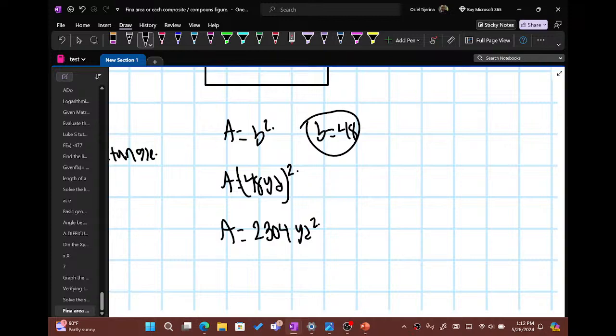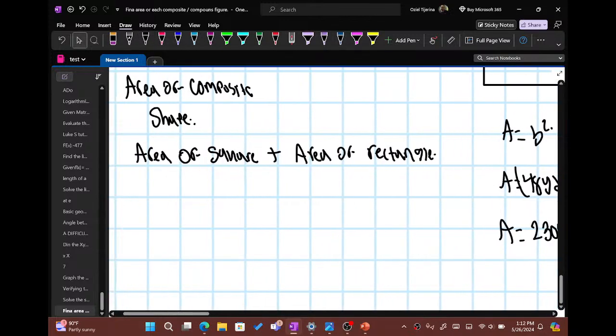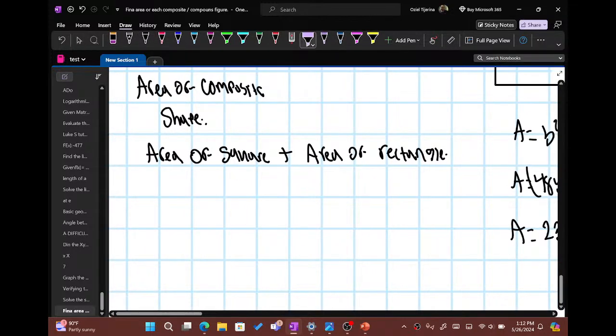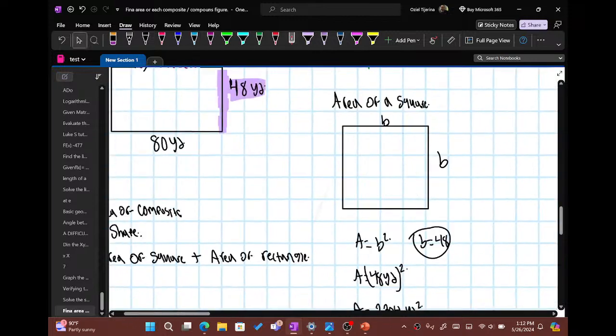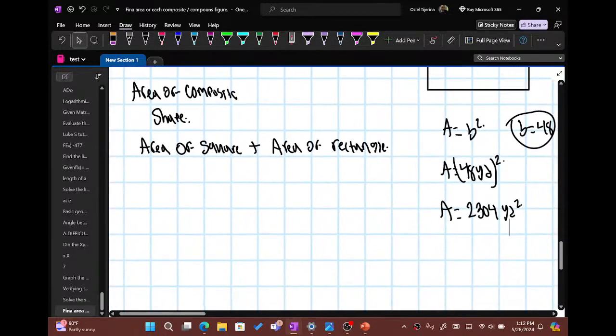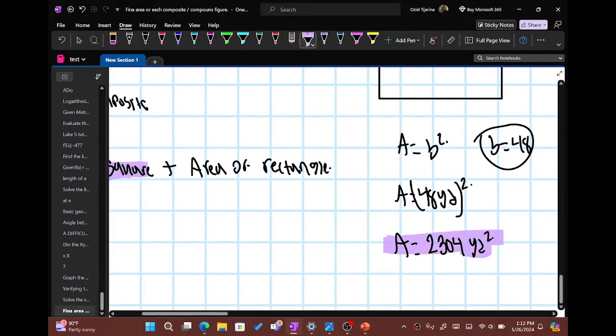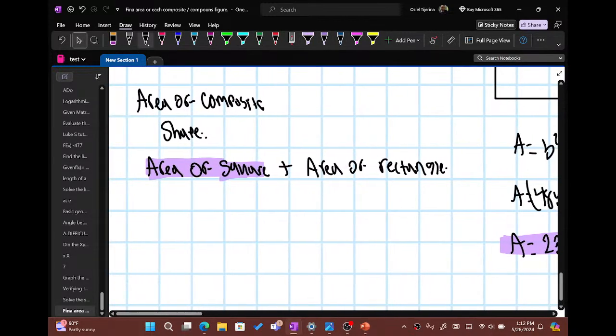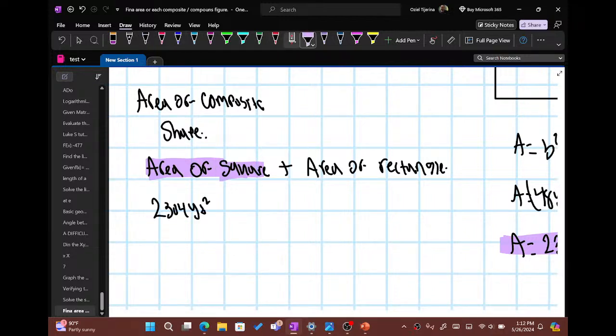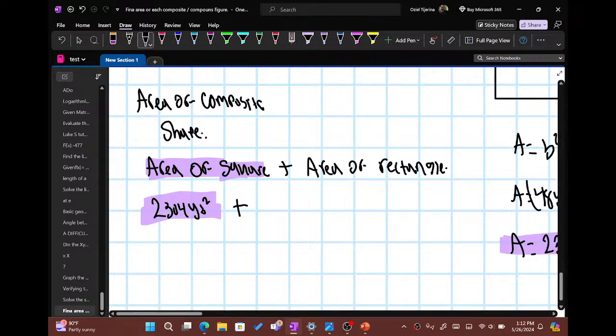So we know that that is the area of the square. So the area of the square is 2,304 yards squared. So we know that that is what this is. So 2,304 yards squared, and then it's going to go plus the area of the rectangle.